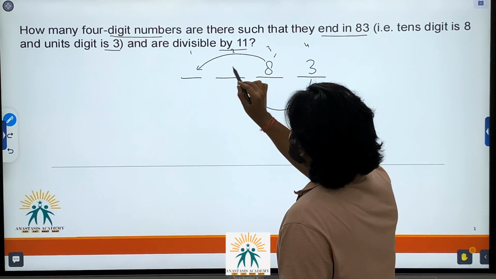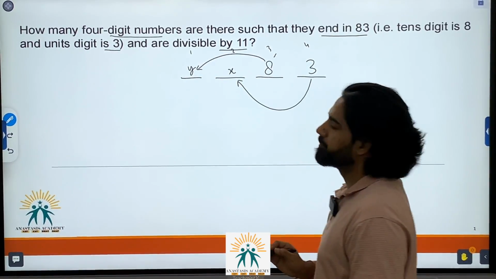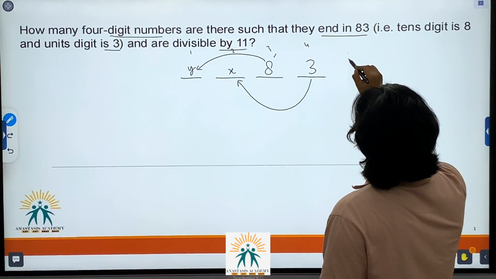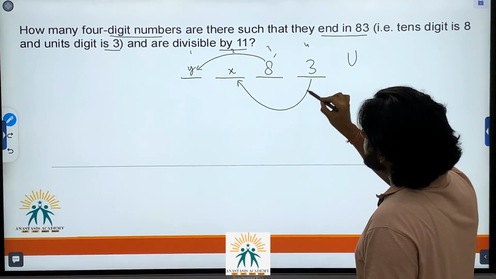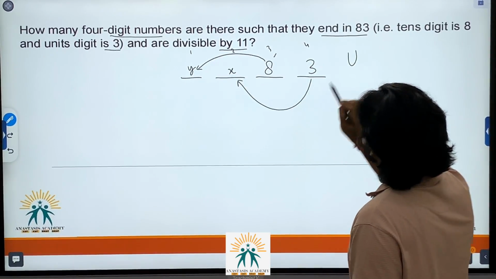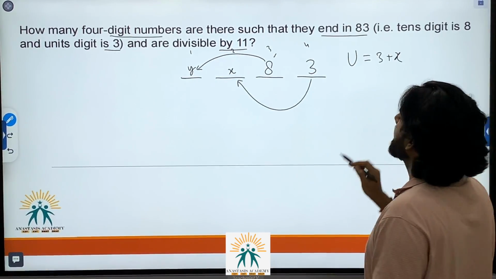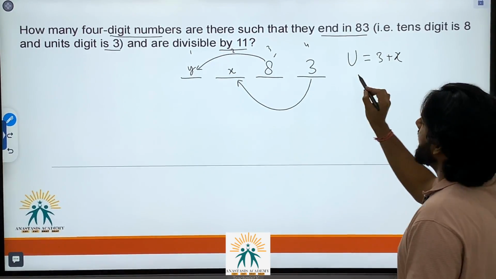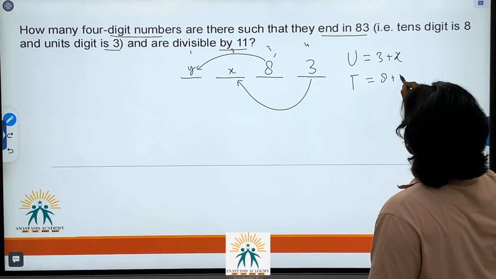So I'm assuming this number to be x and this number to be y. Now, denoting the alternating sum starting from the units digit as u, it would be 3 plus x, right? I'm calling the second alternating sum, starting from the tens digit, t, and it is 8 plus y.